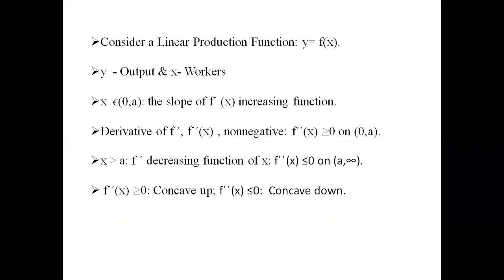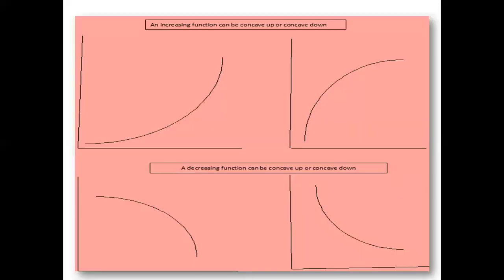We now focus on the different types of concave up and concave down functions. Here we find that an increasing function can be concave up or concave down on its interval of increase. These two cases are illustrated in this figure.